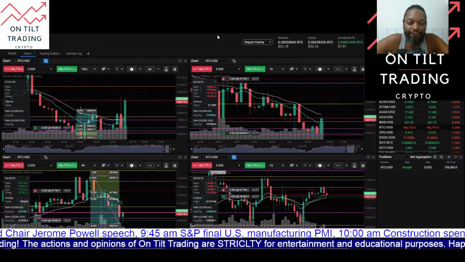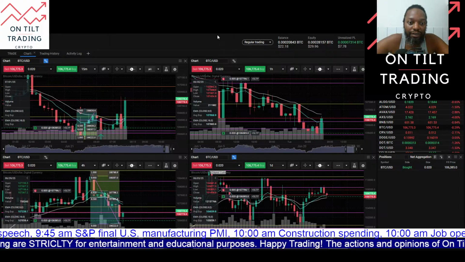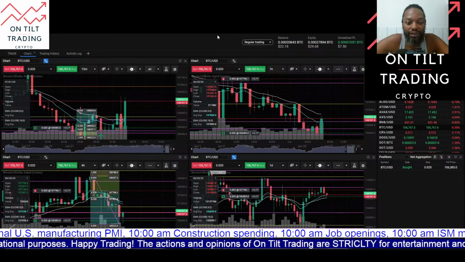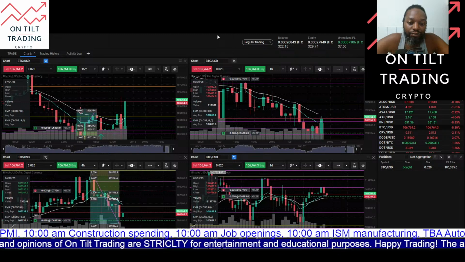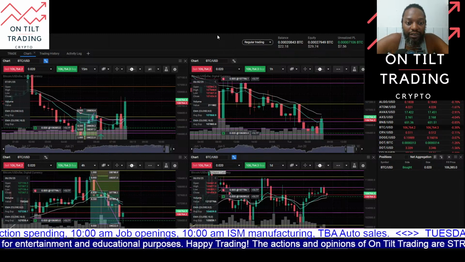Buy-side delivery. Price trading near the 106,780 level. Trading in between that and 106,750. I would say consolidating between 106,750 and 106,780.